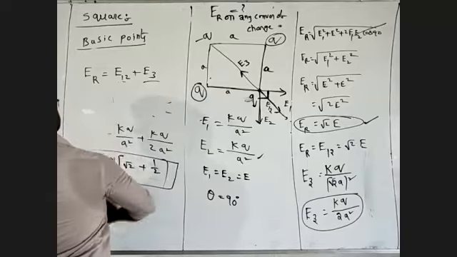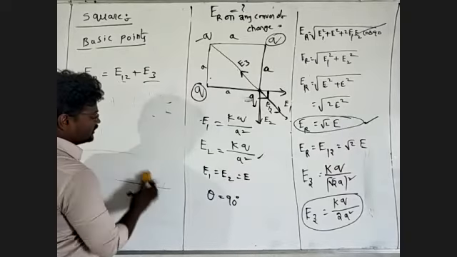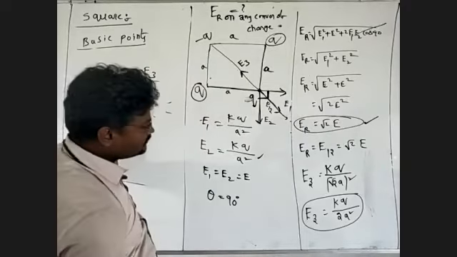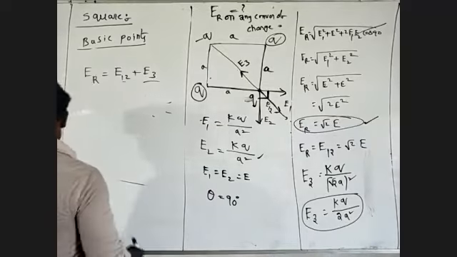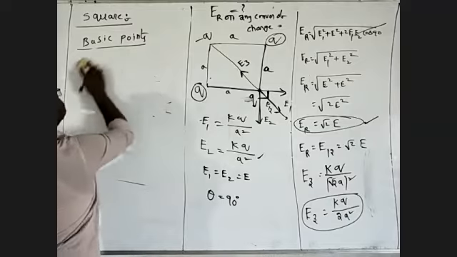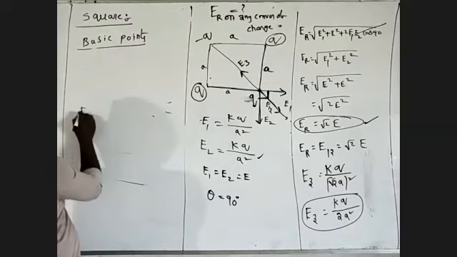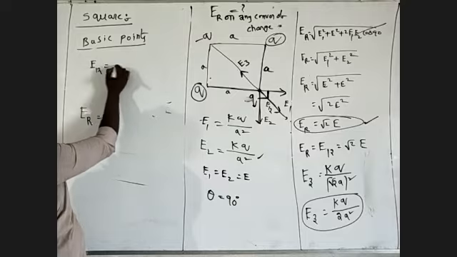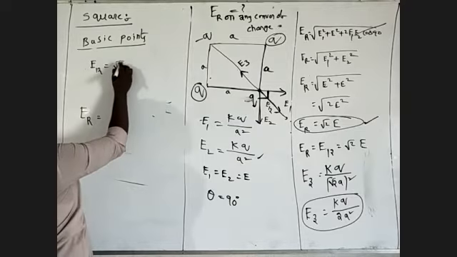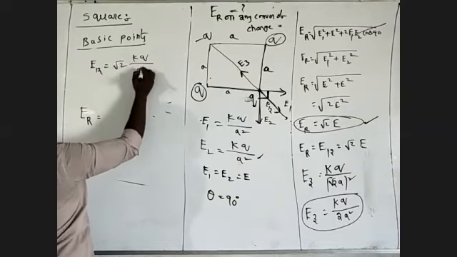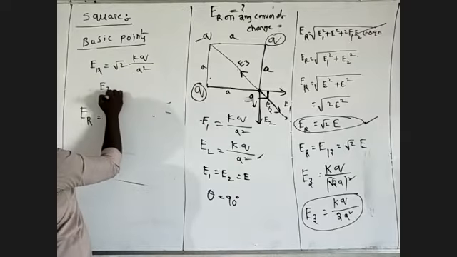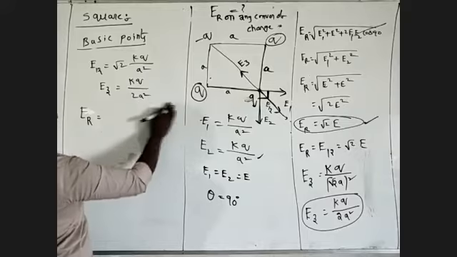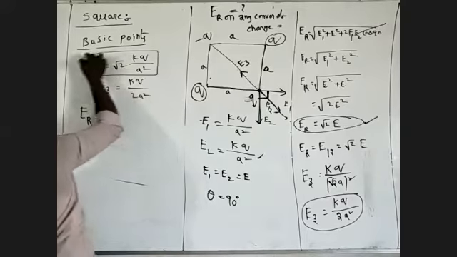We have to see which one is greater and which one is lesser. E12 is equal to root 2 KQ by a square and E3 is equal to KQ by 2a square. You will see these two equations.